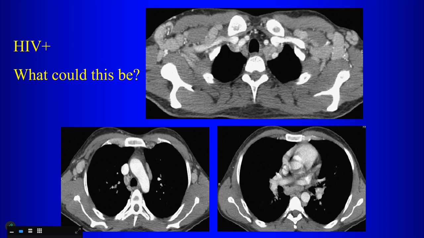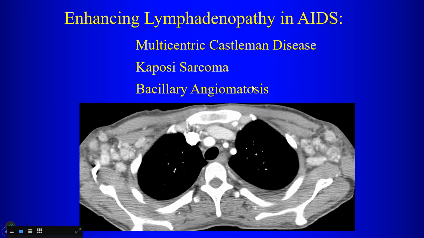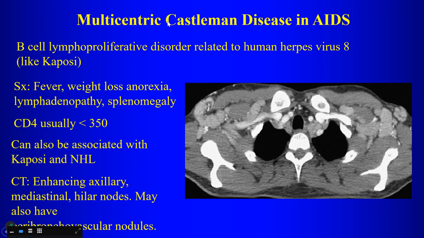What could it be? Castleman's disease is one, the other two are? Kaposi's and bacillary angiomatosis, right? Those are three causes of enhancing lymph nodes in patients who are HIV positive: multicentric Castleman's disease, Kaposi's, and bacillary angiomatosis.